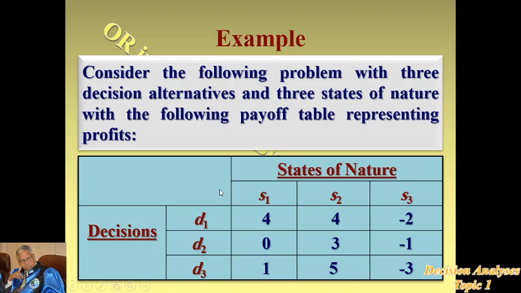Assume we are differentiating between renting three sizes of restaurant: a large size restaurant, D1, a medium size restaurant, D2, and a small size restaurant, D3.